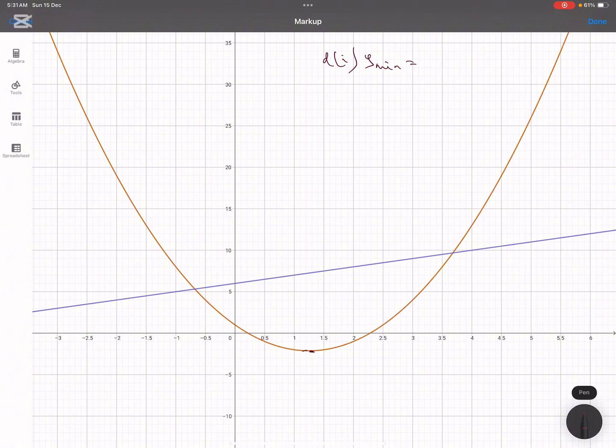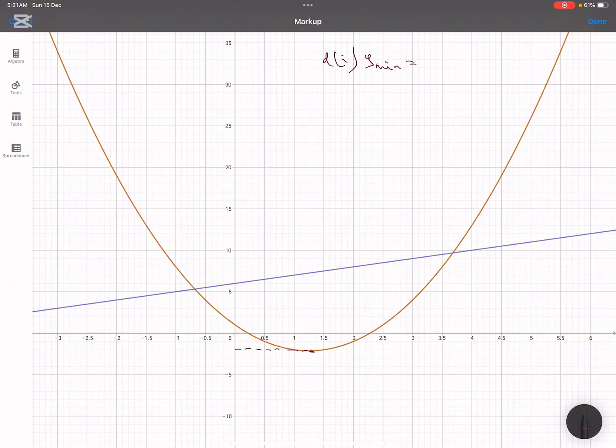You use a ruler to do that, and we'll see that that is -2. The scale on the y-axis is 2 centimeters to 10 units.